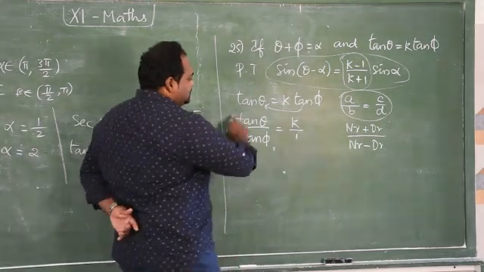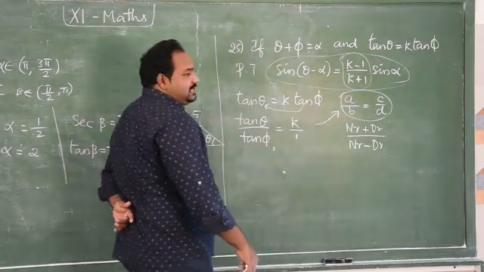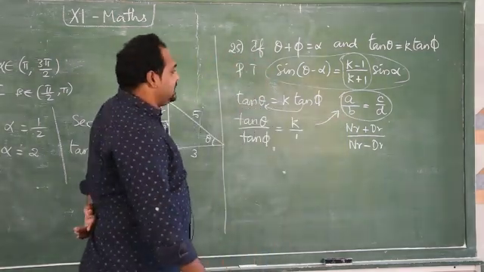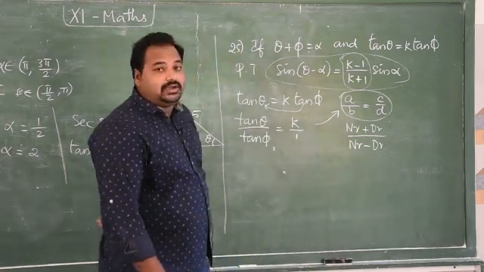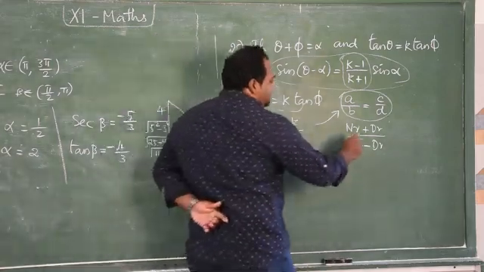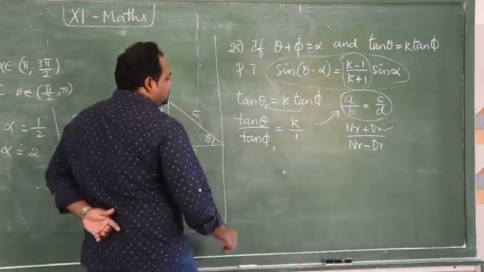Now look at this form. This format is like the ratios. If you have this kind of ratios, we can use the componendo and dividendo property. The property says numerator plus denominator by numerator minus denominator.